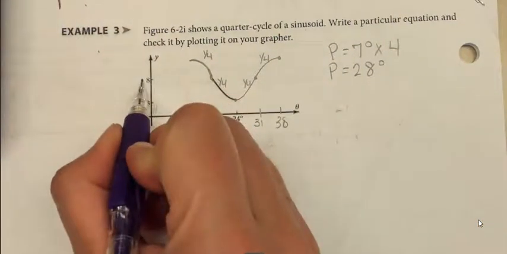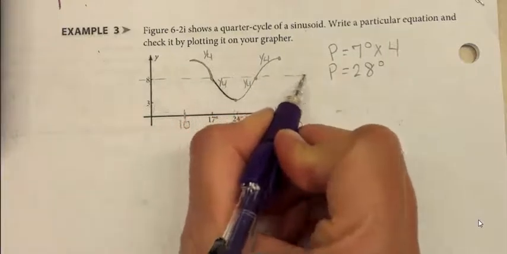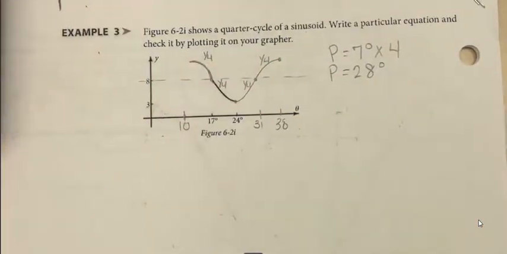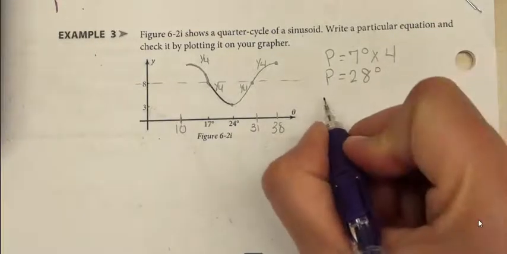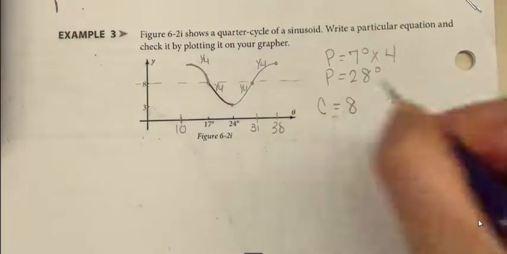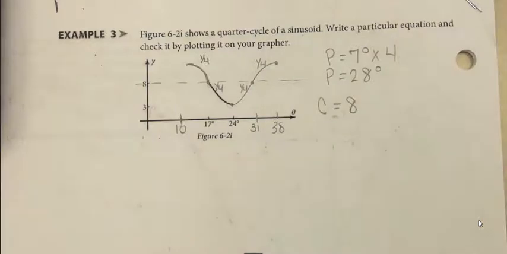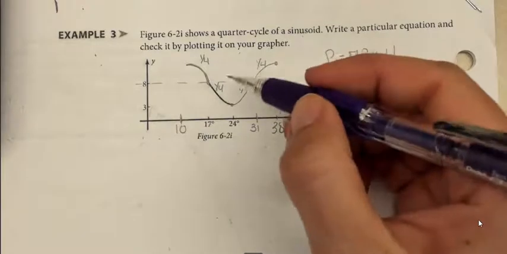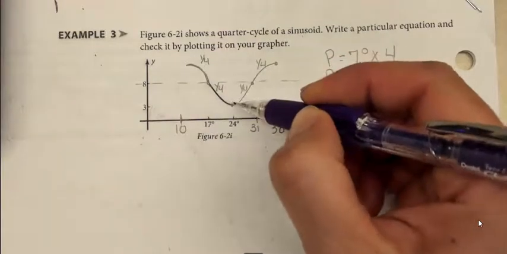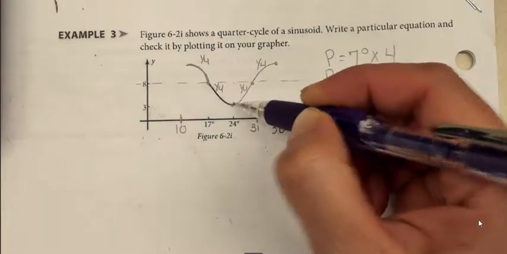We know that my midline is going to be at 8. So that's going to give me my C. Now the question is, what's my amplitude? Well, it looks like from 8 to 3, so my amplitude is 5.